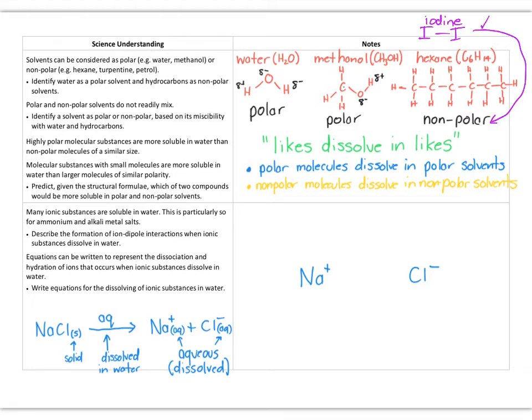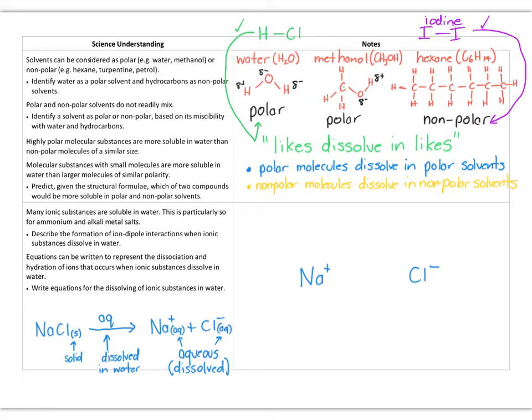However, if we took a polar molecule, and we could use the example we used in the last video as well, hydrochloric acid is a polar molecule that is going to prefer to dissolve in a polar solvent like water.